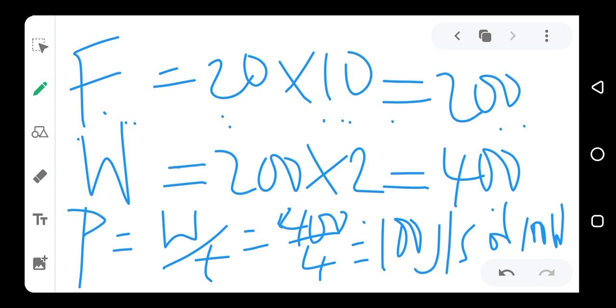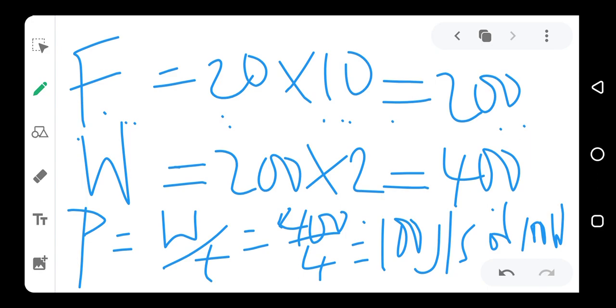Now we convert the force to work by multiplying with the distance, which is 2. So it becomes 200 times 2 to get 400. And now from the work, we convert it to power by dividing with the time, which is 4. It becomes 400 divided by 4, then we get 100.